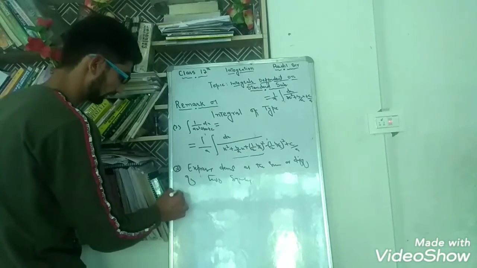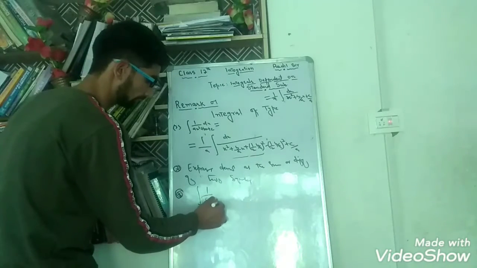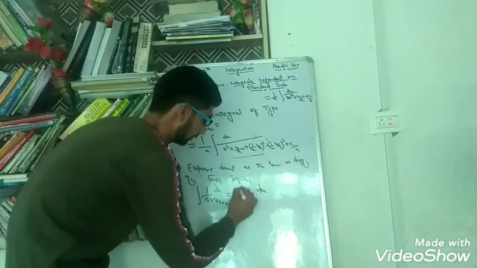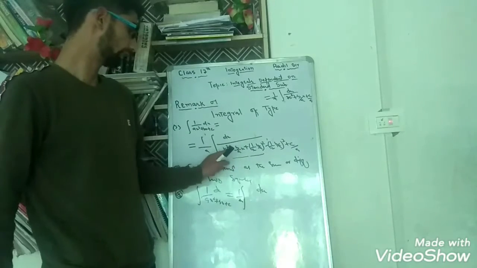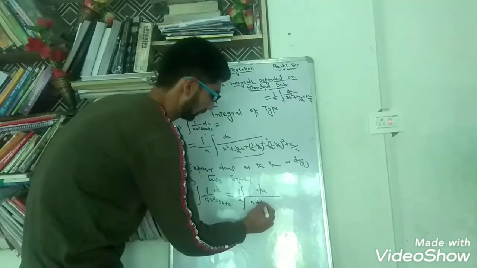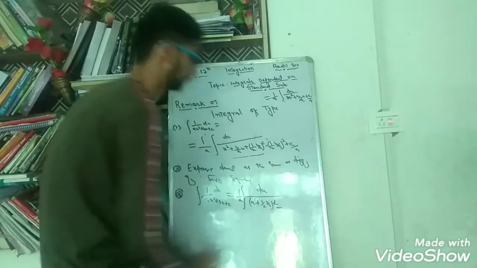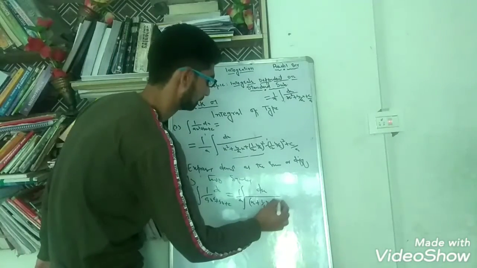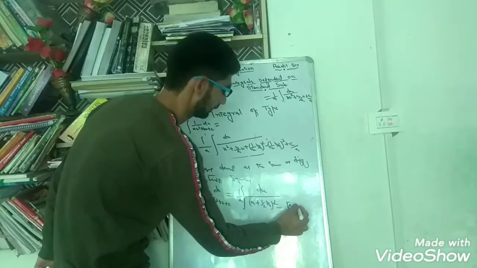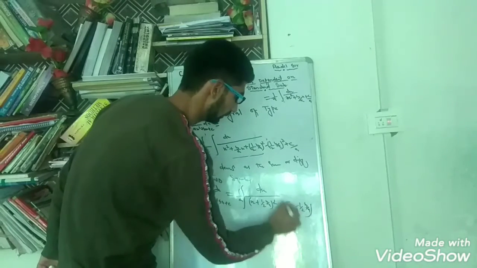So we will get here, beta, in the fourth step, our integral of 1 divided by ax square plus bx plus c is equal to dx divided by x plus one divided by two, b divided by a, whole square, plus under root c divided by a minus one divided by two, b divided by a, whole.